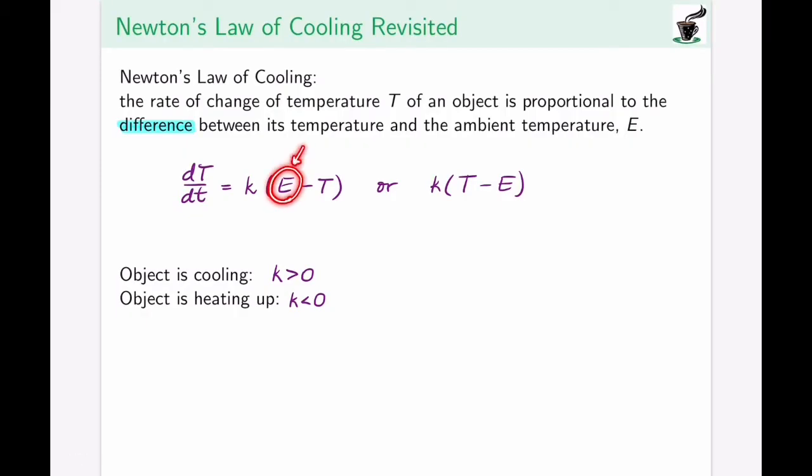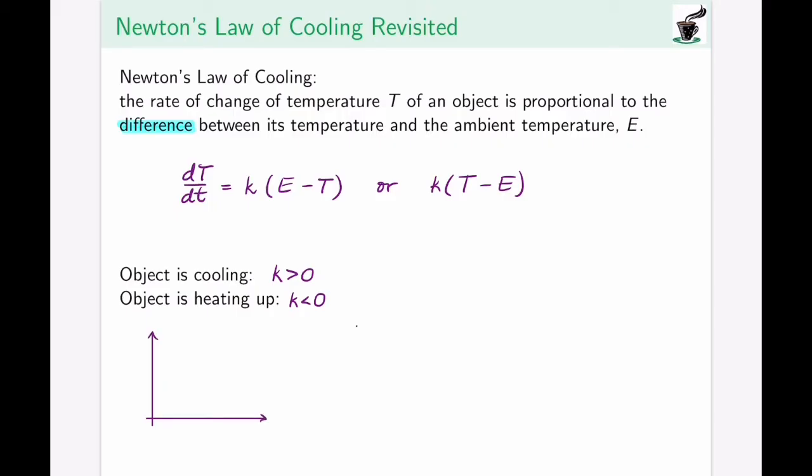So this here will correspond to the temperature that will eventually be reached by the object. And here we have, both intuitively and really from the mathematics we've just seen, the two cases. It can be heating up or it could be cooling down.